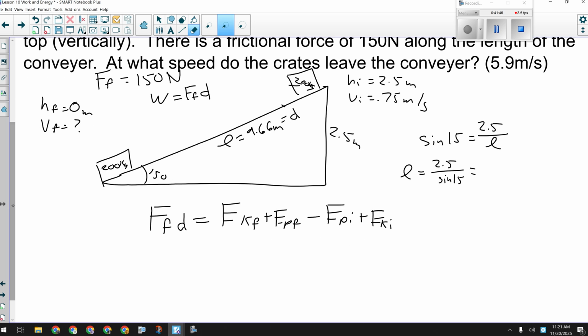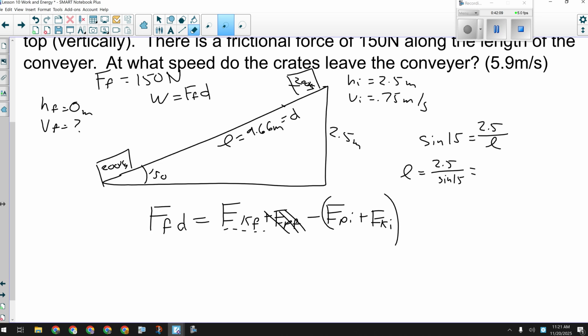All right. Now, if I'm looking this over, I know that my final potential energy is 0. We're talking about the bottom of the ramp, so that number is irrelevant. What I'm looking for is the final speed, which is part of my final kinetic energy. So can I bring this whole thing over to this side?